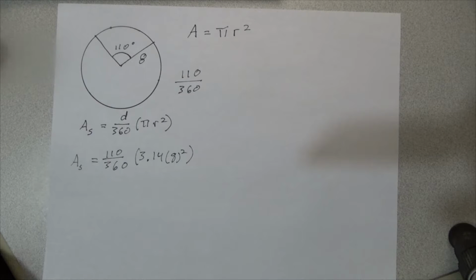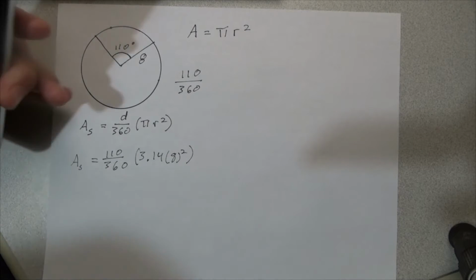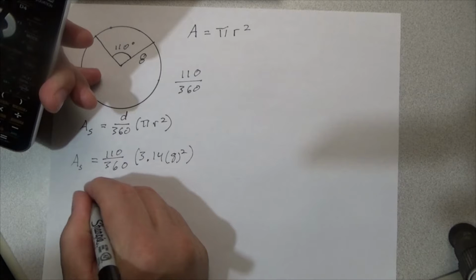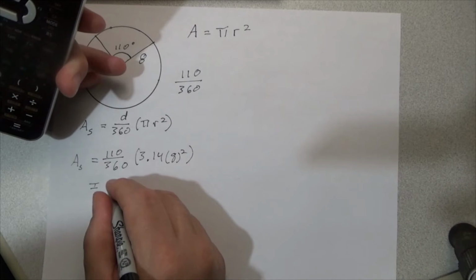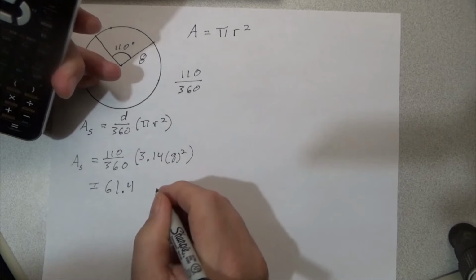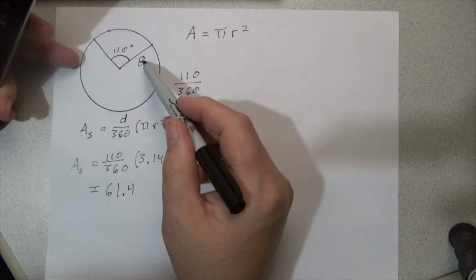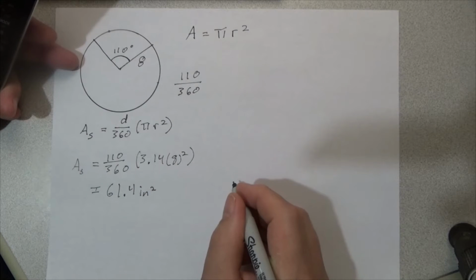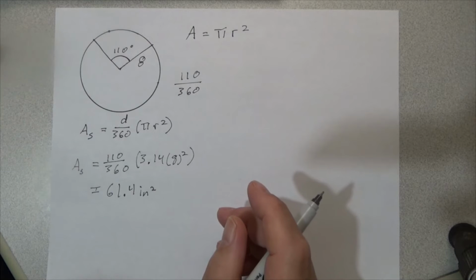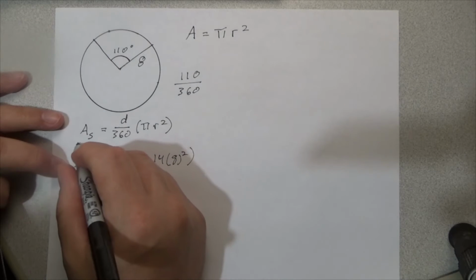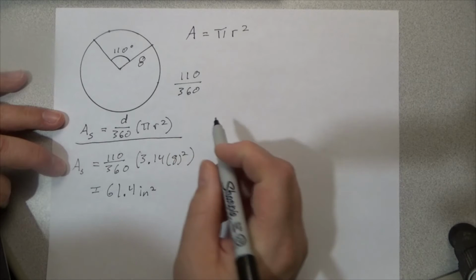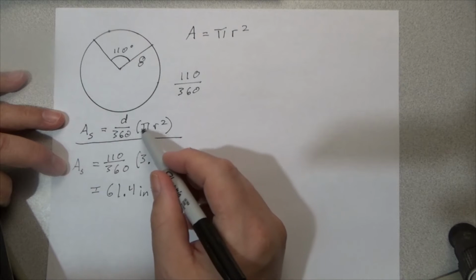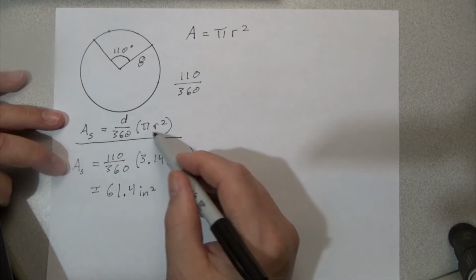Everything's in. So the area of this particular sector would be 61.4 square units. If that radius was in inches, this would be inches squared. All right, so this is our equation: the number of degrees divided by 360 times the area of the circle, which is pi r squared.